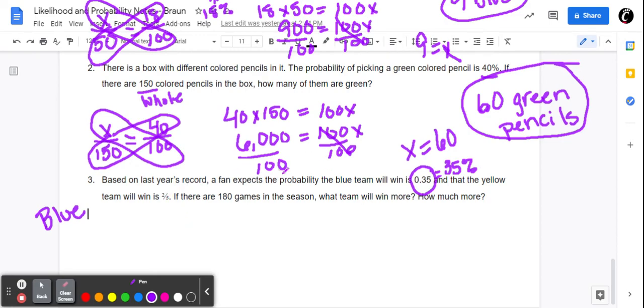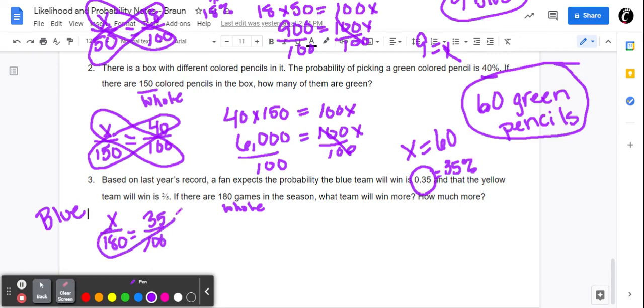So for blue, we expect them to win 35%. And it says if there are 180 games this season, this is going to be my whole, my 180. So when I set up my proportion, we have x over 180 equals 35 over 100.